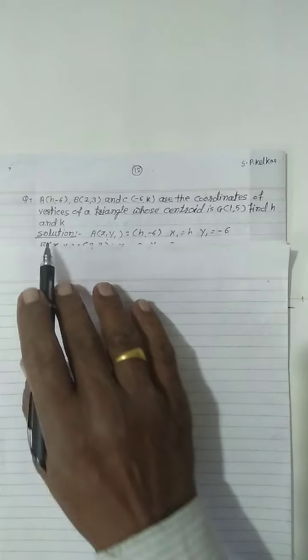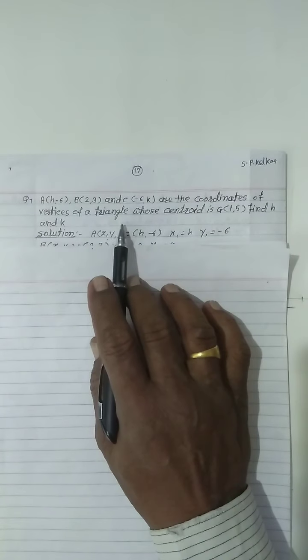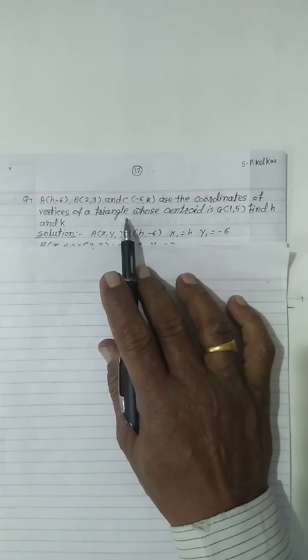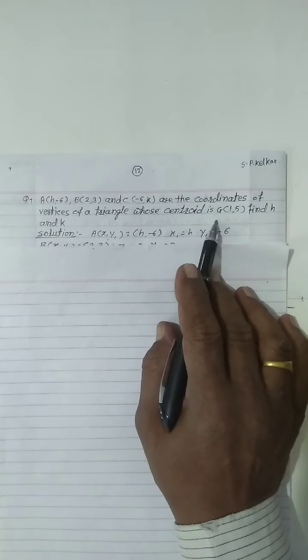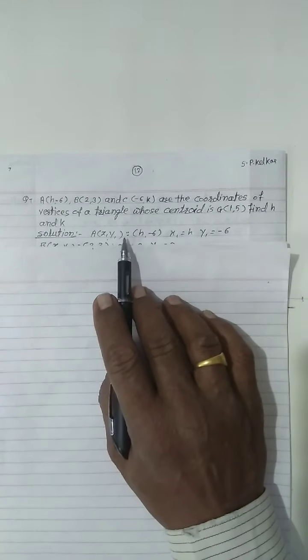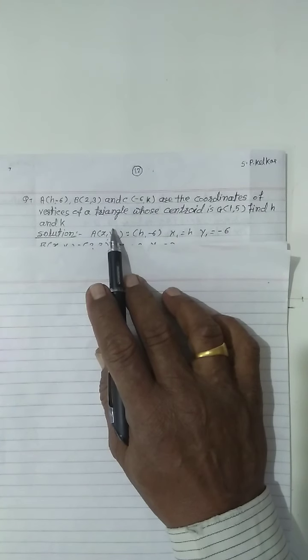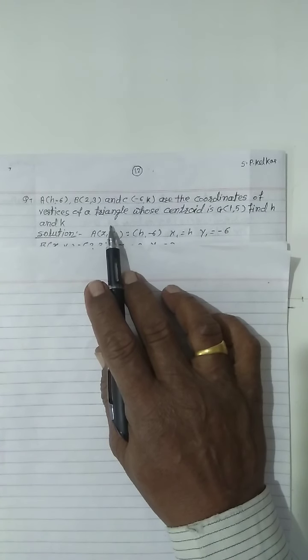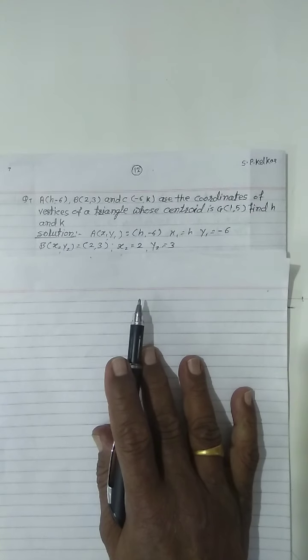Find h and k. In this example, A, B, C are the three vertices of the triangle and G is the centroid of that triangle. So we can use the centroid formula to solve this example and find the values of h and k.